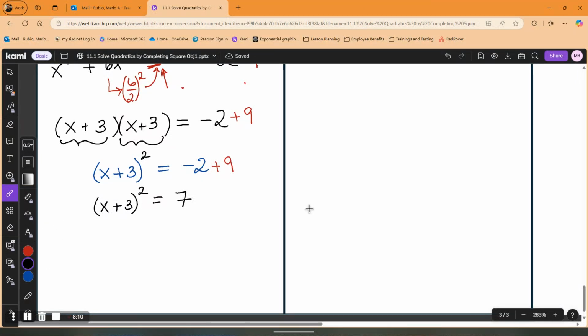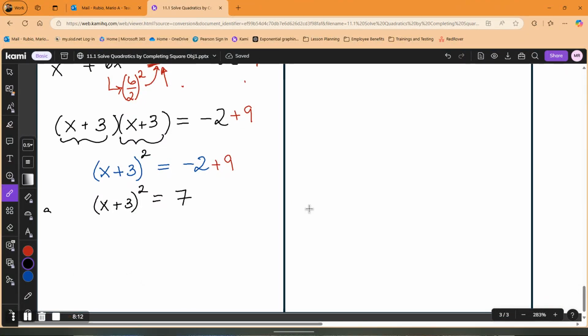We can use the square root property. There you go, property, right here. So that means that I'm going to have x plus 3 equals plus or minus the square root of 7. Bring this to the other side.